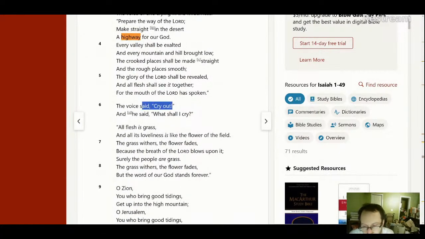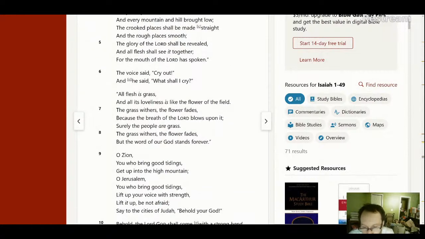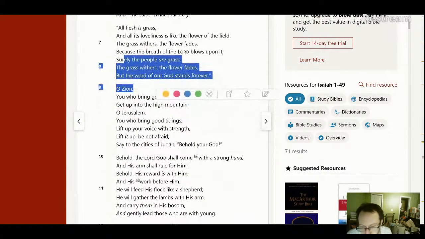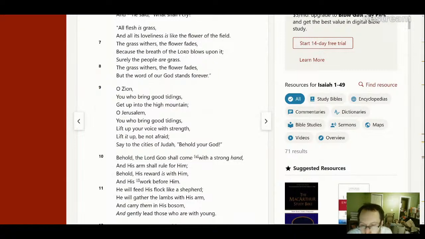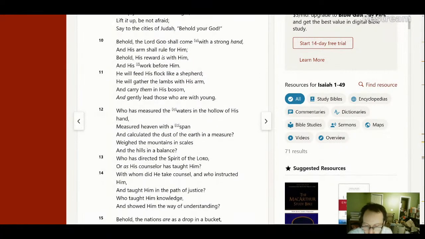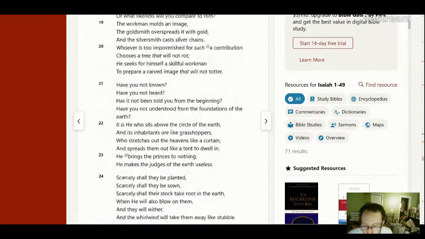The voice said, cry out, and he said, what shall I cry? All flesh is grass, and all its loveliness is like the flower of the field. The grass withers, the flower fades, because the breath of the Lord blows upon it. Surely the people are grass. The grass withers, the flower fades, but the word of our God stands forever. Zion, you who bring good tidings, get up into the high mountain, O Jerusalem. You who bring good tidings, lift up your voice with strength. Say to the cities of Judah, behold your God. Okay, so we have all this right there.